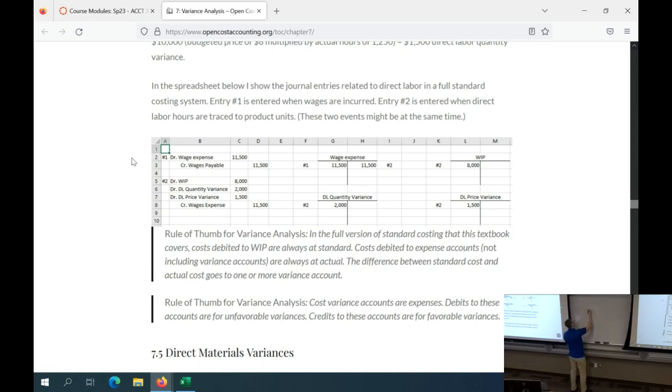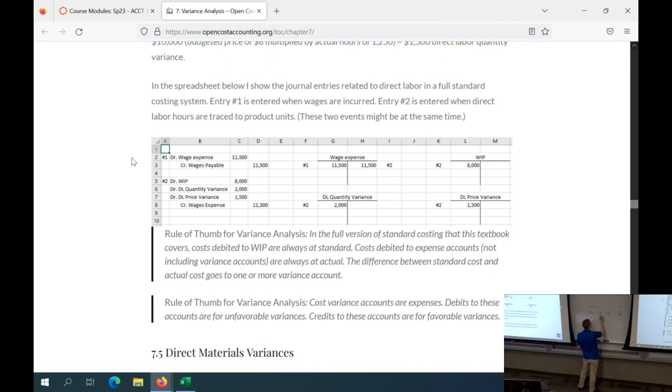You have different inventory accounts that tend to go in a chain: raw materials, work in process, finished goods, and then it jumps away from inventory to the income statement, and you have cost of goods sold, which goes on eventually to retained earnings and so on and so forth.